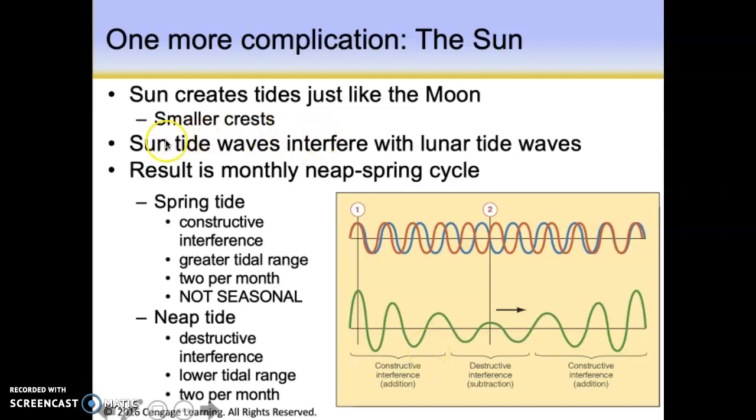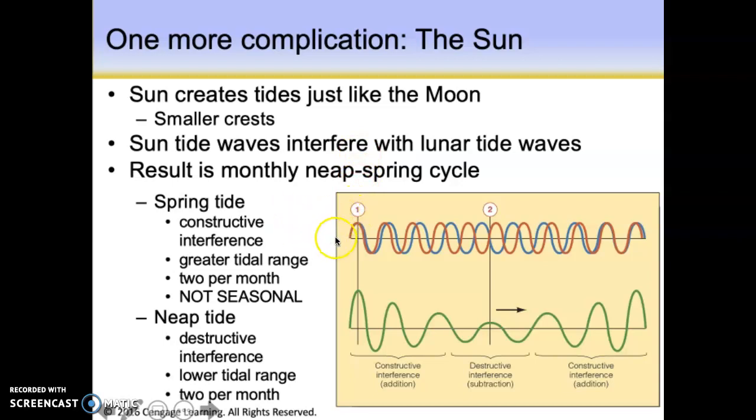And what happens is that the sun tides interfere with the lunar tides. So we get a wave interference pattern created by the interaction of these two sets of waves. Now, this interaction occurs over the course of roughly 28 days or a month.